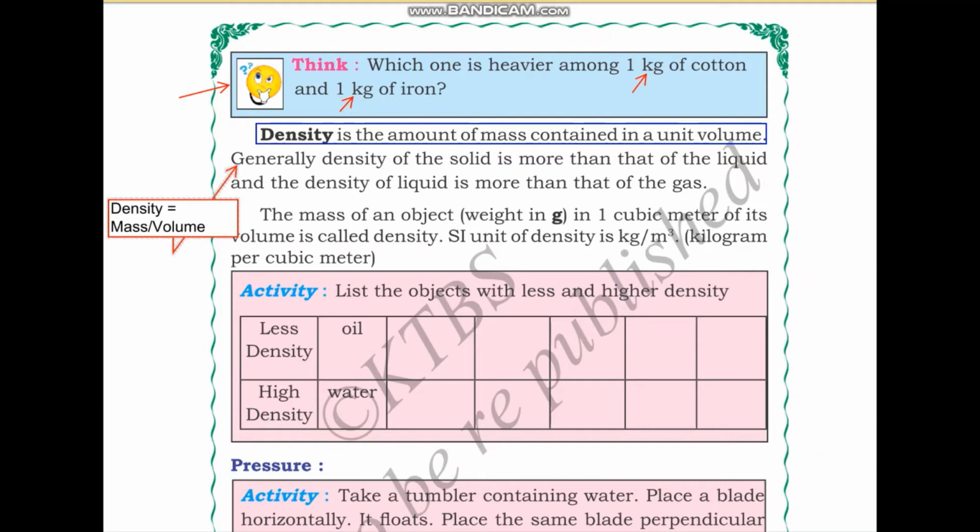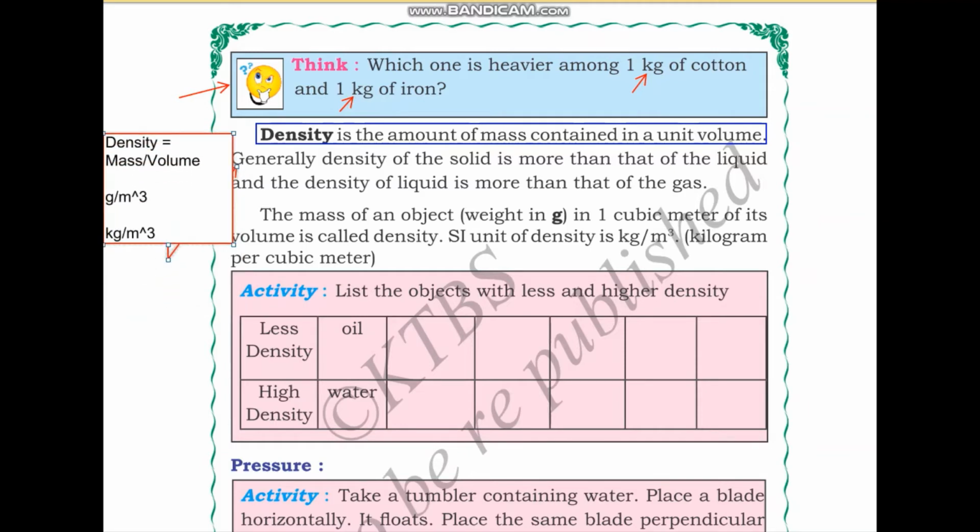So mass contained in unit volume. It's the mass of an object in grams. We know that we can measure mass in grams. So it's the mass of an object in grams present in 1 cubic meter. So you take 1 cubic meter of volume and you see how much mass is there in it. That is called the density of an object. And the SI unit of density is kg per meter cube.